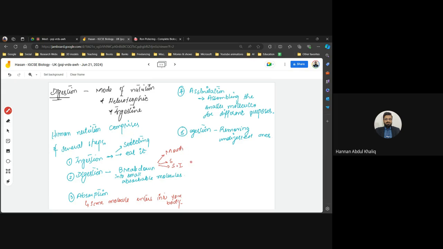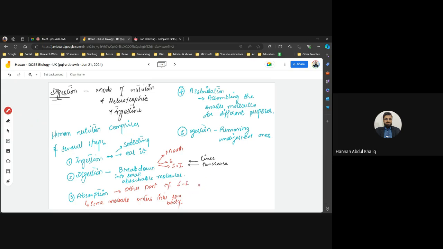And obviously, when you talk about the small intestine, you also need to understand that the help of the small intestine would be done by the pancreas and the liver. Okay, what organs are involved in the absorption? Remember the other part of the small intestine.